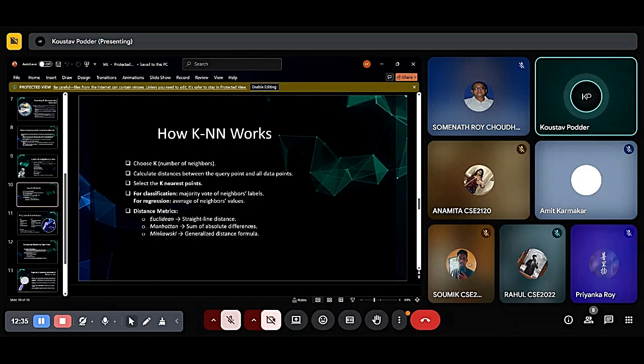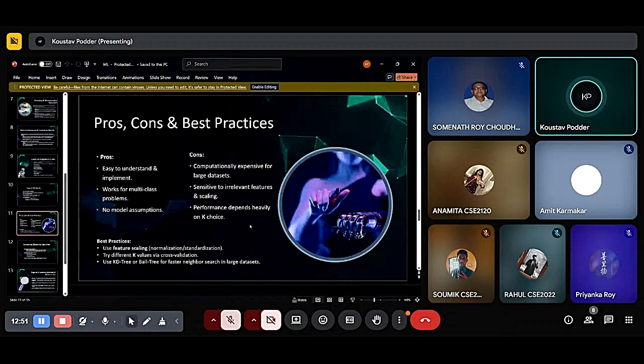So let's now jump into the pros and cons of this algorithm. The pros are it is easy to understand and implement, as it has no training phase. It is much faster if the data set is small, it works for multi-class problems as well, and has no model assumptions. And what are the cons?